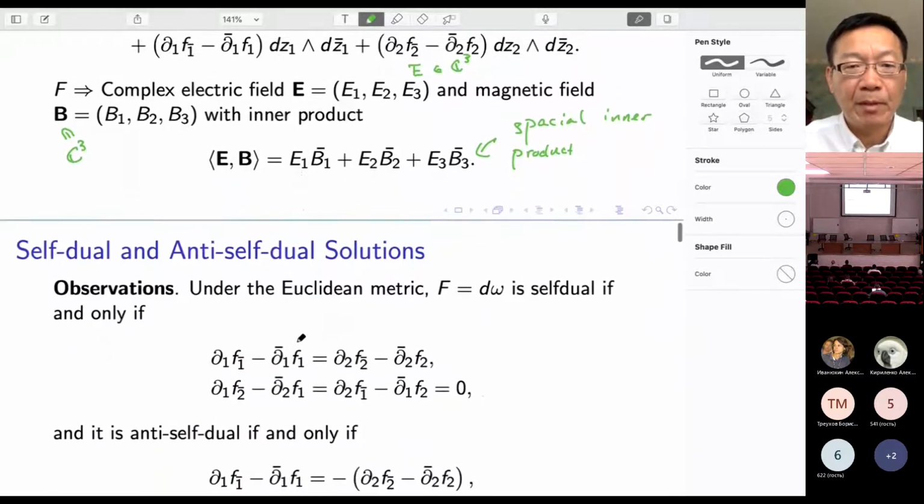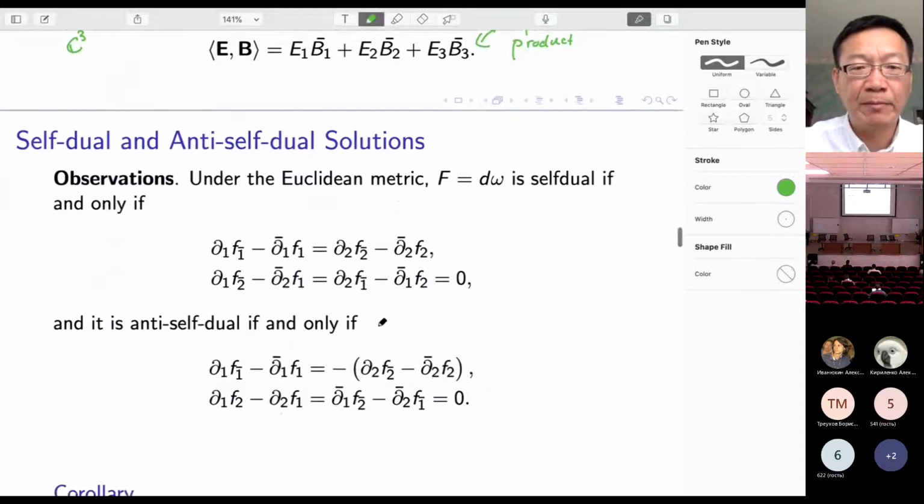Okay. Now, we said that the self-dual and anti-self-dual forms naturally give solutions to Maxwell equations. So you want to know the conditions for which this is self-dual or anti-self-dual. And it's given in this way.